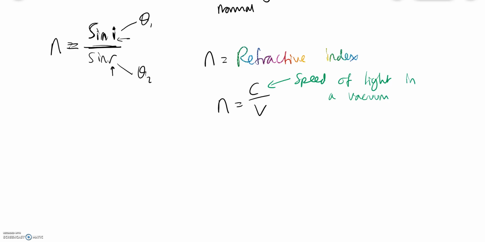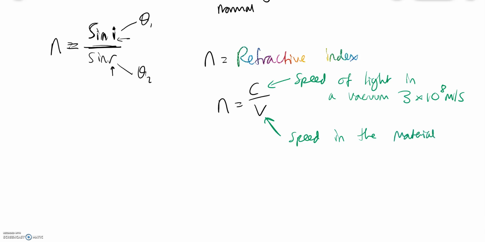Okay, now what is that? The speed of light in a vacuum? Well, it's a constant. It's 3 times 10 to the 8 meters per second. You need to learn that, by the way. And v is the speed in the material.